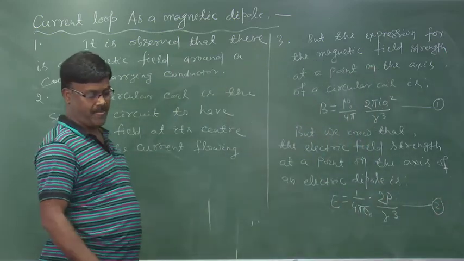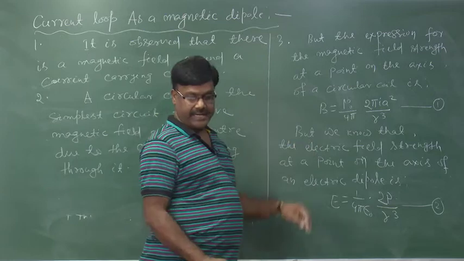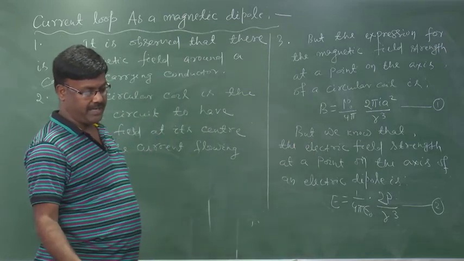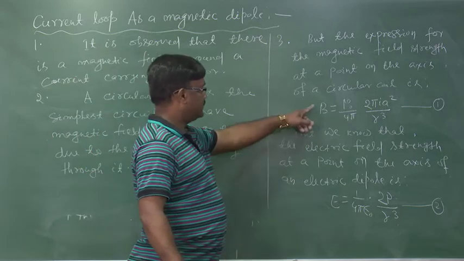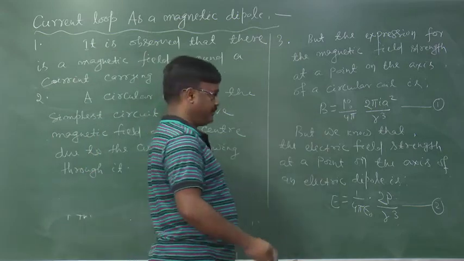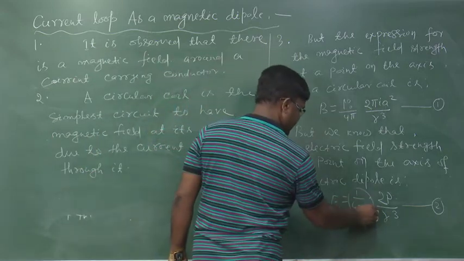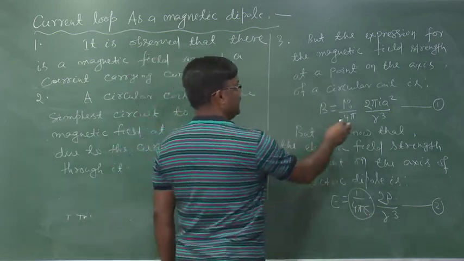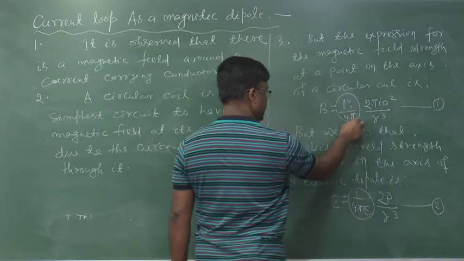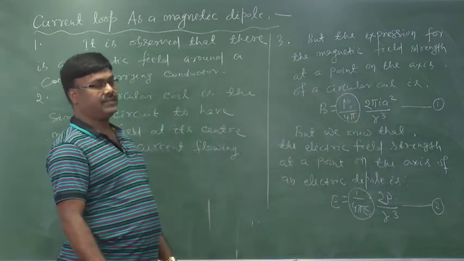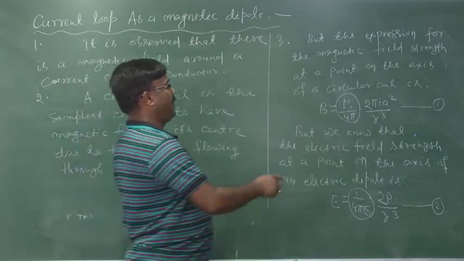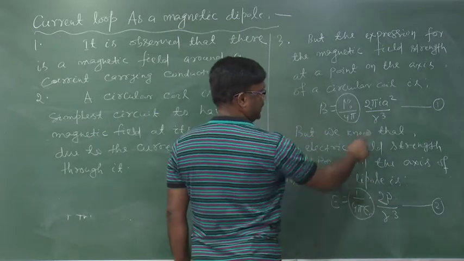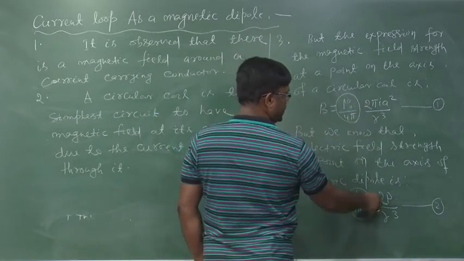Now, if we compare these two equations, this is the constant taken in electric field, this is the constant taken in magnetic field, and it is 1 by r cube, here is 1 by r cube, it is 2 and it is 2.